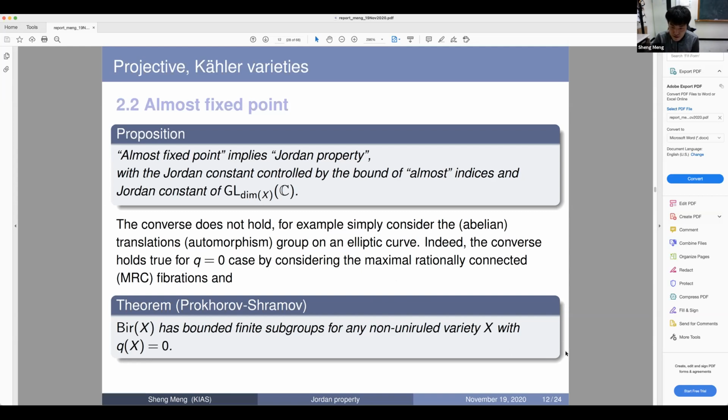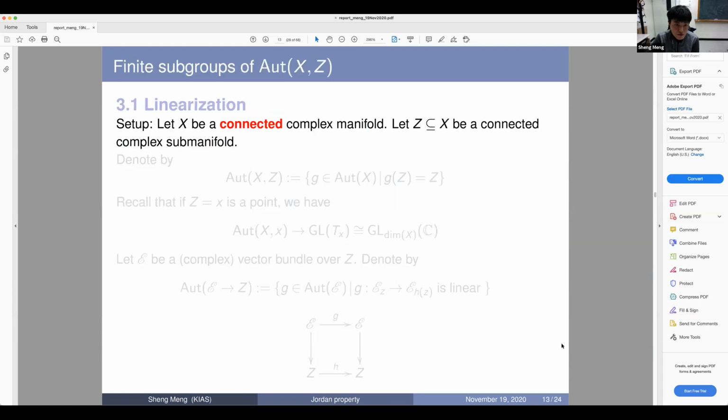Okay, so now let's try to generalize the idea of the almost fixed point to show the Fujiki class. First, our setup is now a connected complex manifold X, and let Z be a connected complex submanifold.